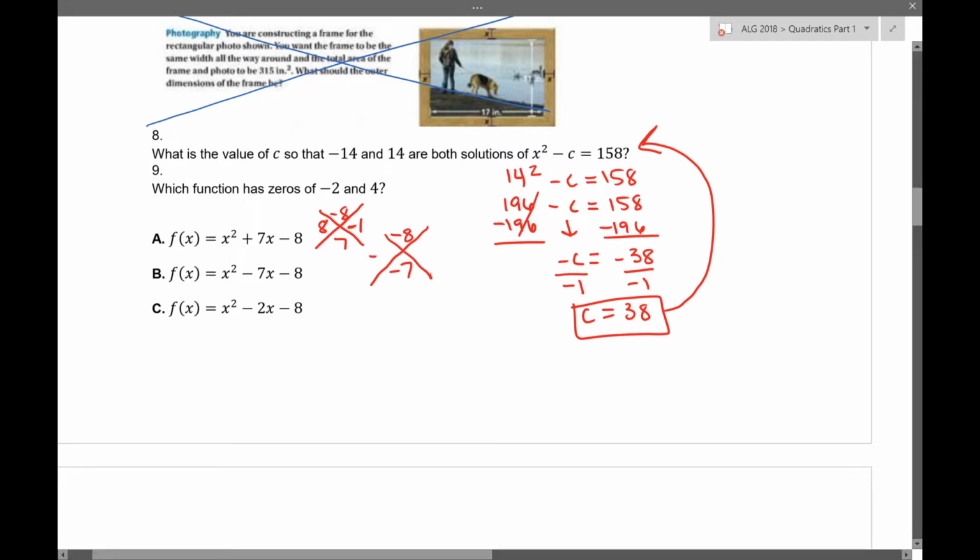Well, once again, I have an 8 here and I have a 7 here. If this number at the bottom is a negative, then my bigger number has to be negative. Once again, negative 8 and 7 are not negative 2 and 4.